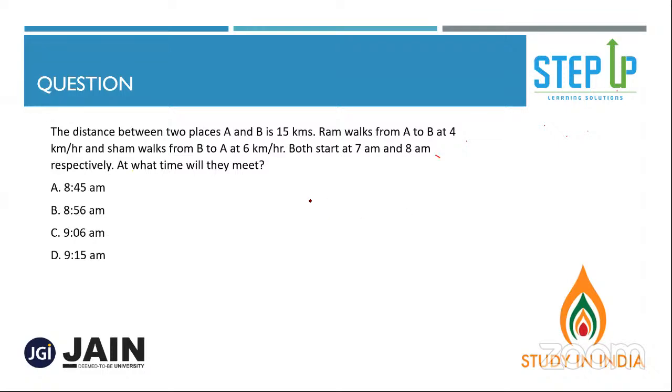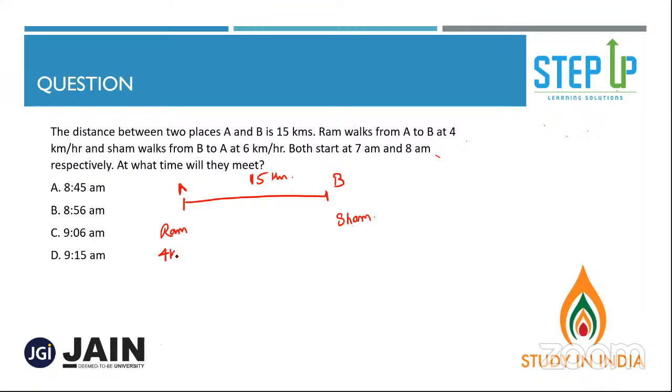Are they moving in the same direction or in the opposite direction? Opposite direction, right? Who is starting? So A and B, distance is 15 kilometers. Ram walks from A to B. Ram is walking from this place and Sham is walking from this place, right?